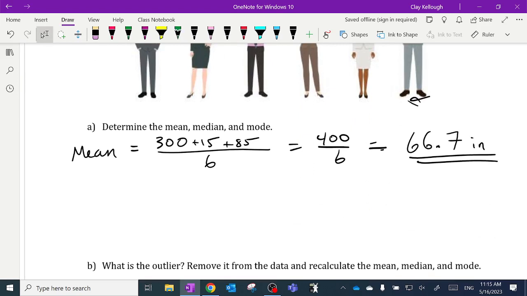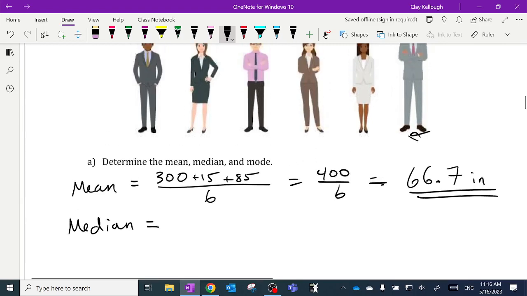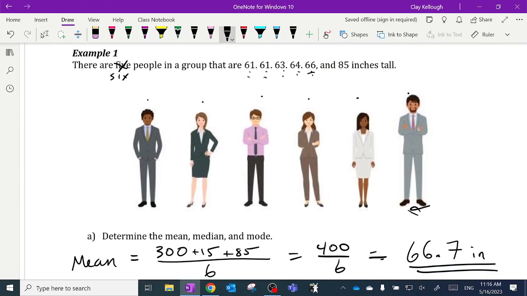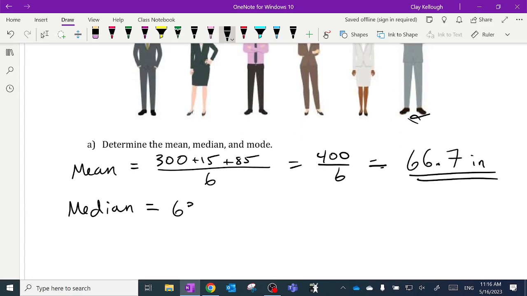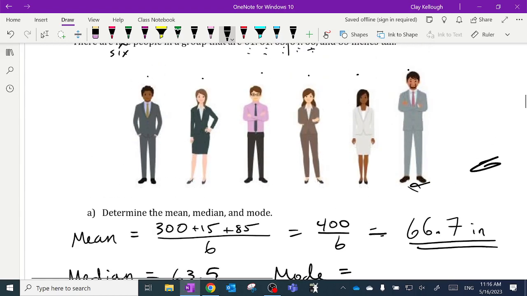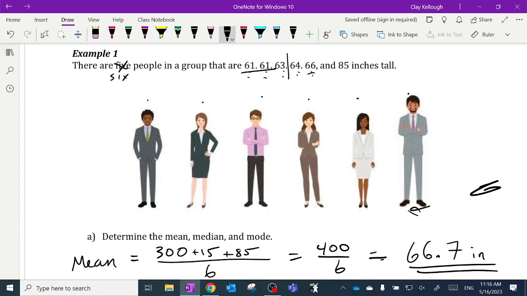So maybe a better way to say what the middle of my data is would be to do the median. And the median's easy. I just look at my 6 numbers and go, what's in the middle between 63 and 64? 63.5. And the mode, well, there's one number that happens twice, 61.